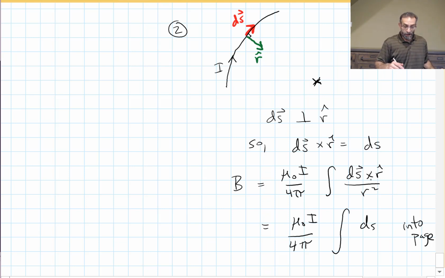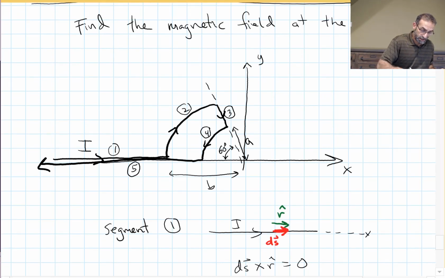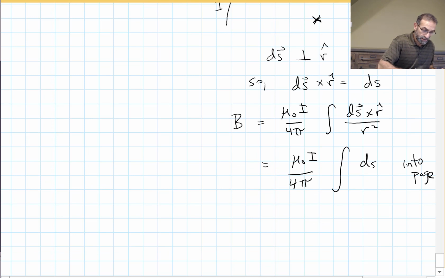And what is r? R is constant. We're moving on a circular path, a circular arc length. R is constant, and in this case I said it was b. So it's constant, and we're just going to call it lowercase b.